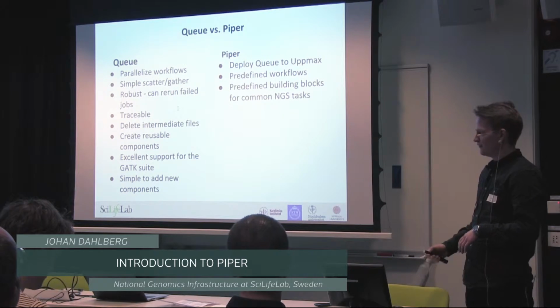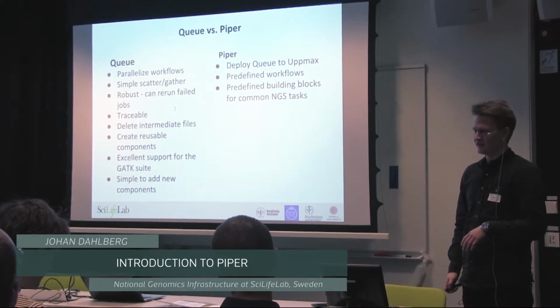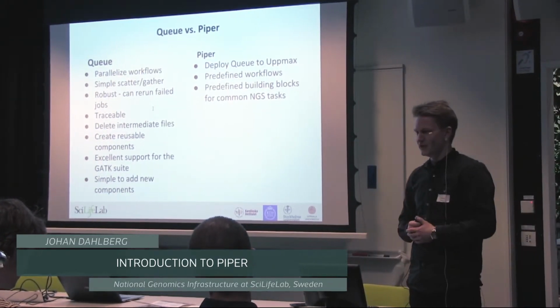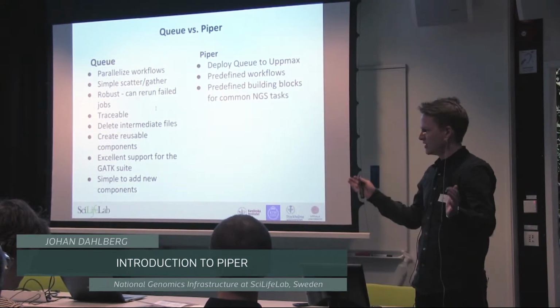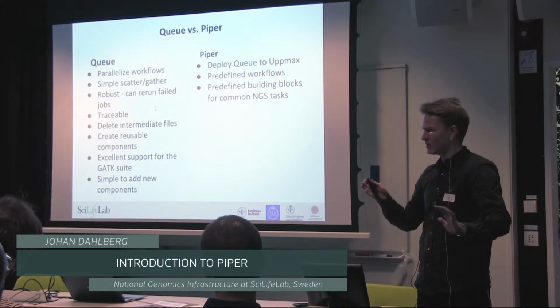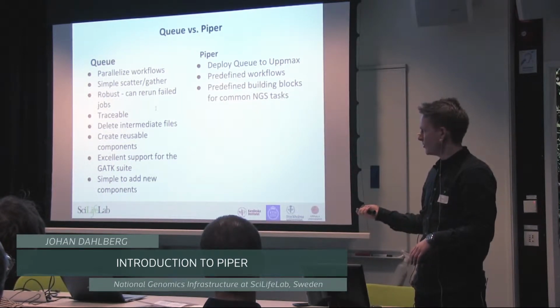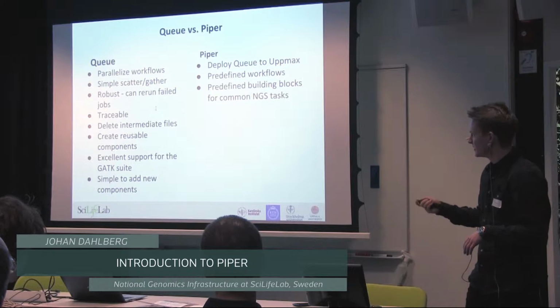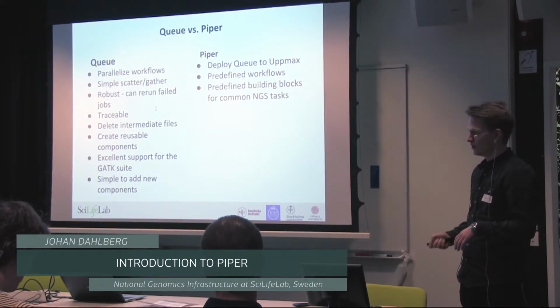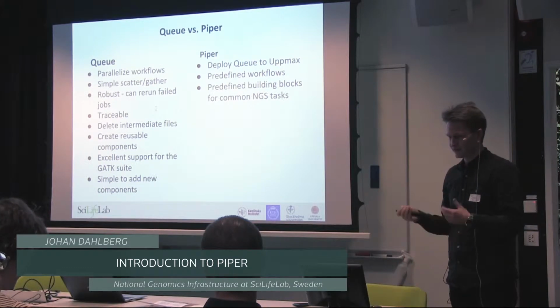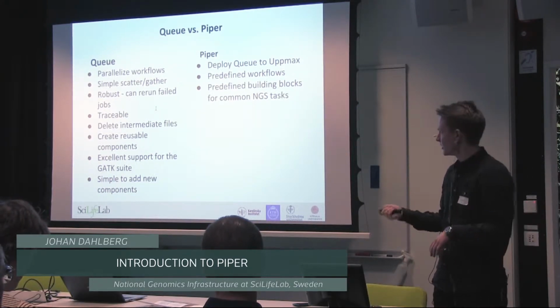And what's then the difference between Q and Piper? They have somewhat different feature sets. While Q is a general NGS-ish framework for running pipelines, Piper deploys Q on UPPMAX, our high-performance cluster here in Uppsala.